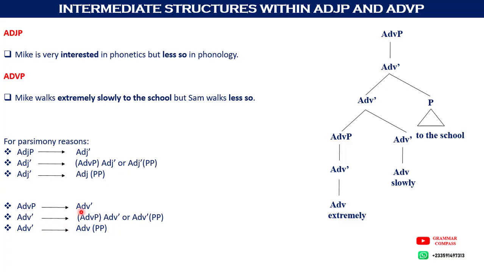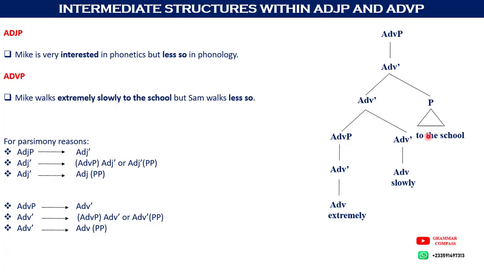The adverb phrase moves to an AdV bar. At the intermediate level, we have the AdV bar modified by an AdvP or qualified by a prepositional phrase. And then we have the last level, that is the AdV bar moving to the AdV, the adverb head, qualified by a prepositional phrase.